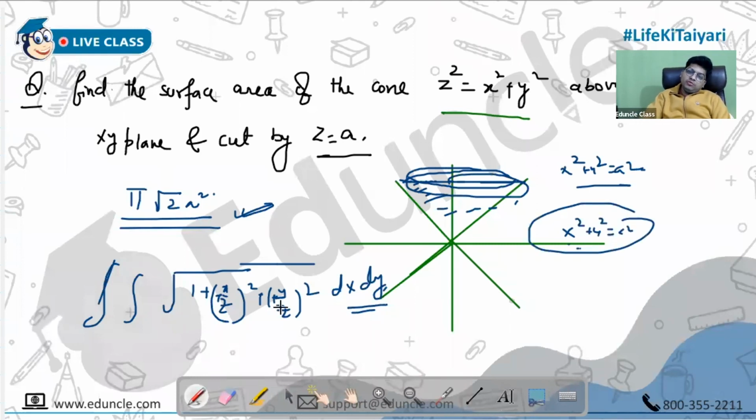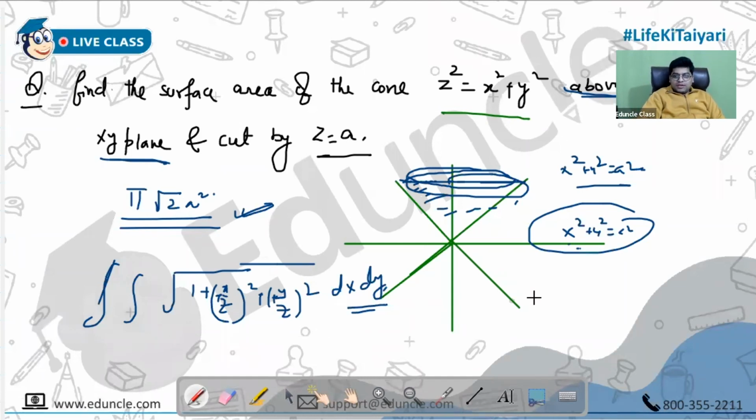Will you multiply by 2? No. Above is given. If above is not there, then you have to multiply. Only positive because z is going to be some a, and a is positive.